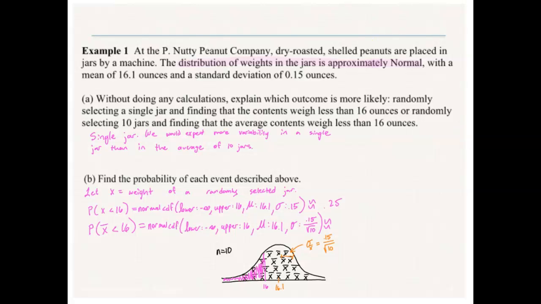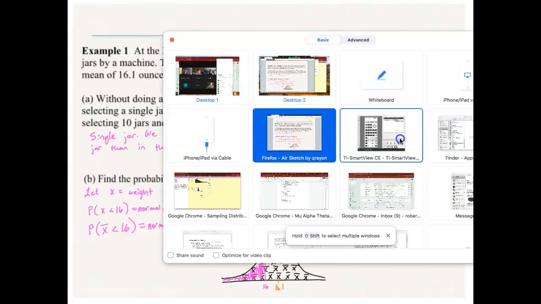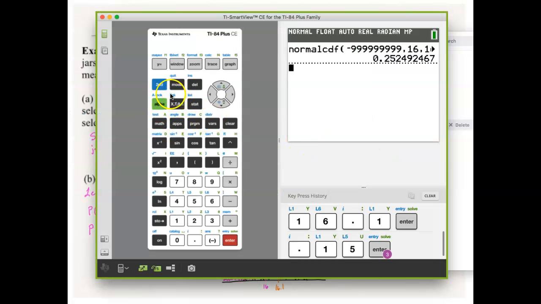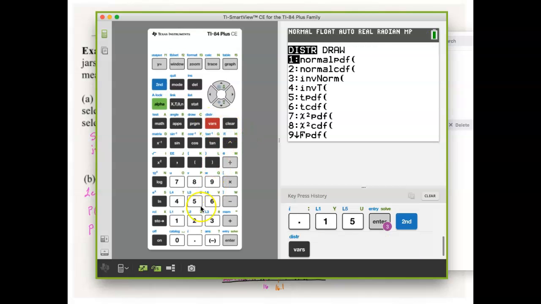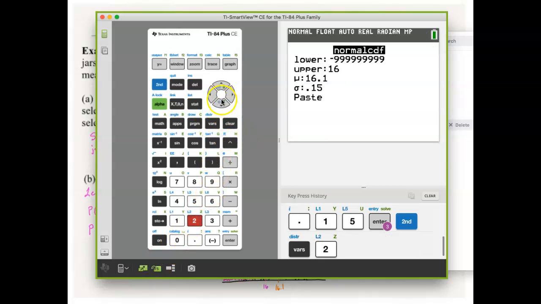All right, so let's see how that affects my probability. The only thing that's changing is that instead of just 0.15, this is 0.15 divided by the square root of 10.